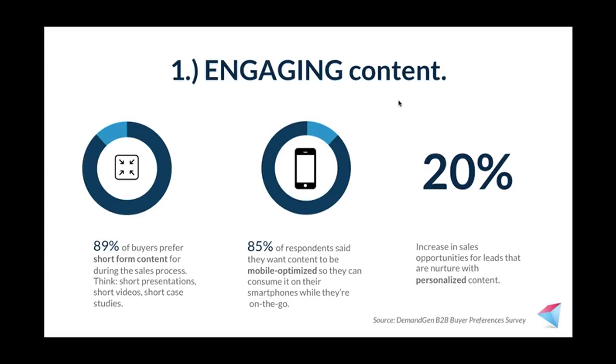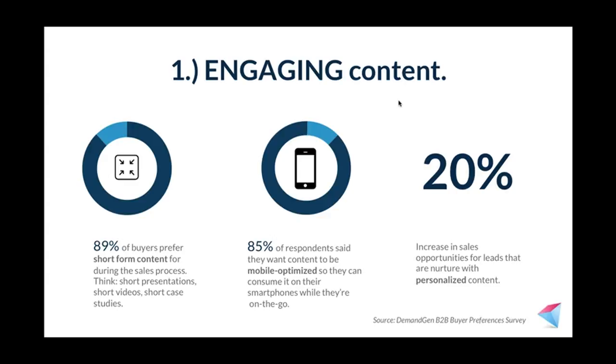A few different stats about how to make your content engaging. The first one is that 89% of buyers prefer short form content. This makes a lot of sense since people are busier than ever before and lower on time. So we need to jump right into the sales process and deliver the information that our buyers need in a reasonable time frame.